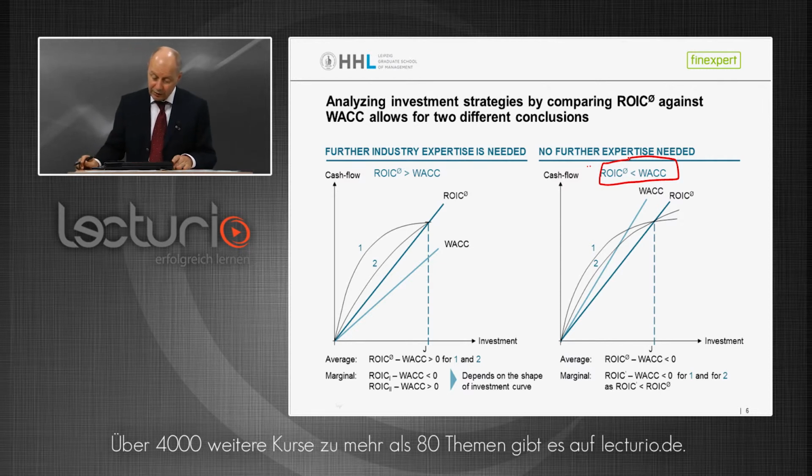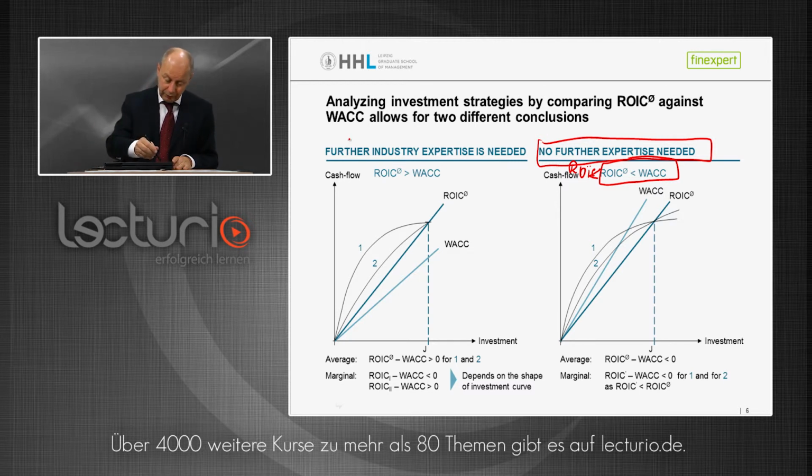Because we know that our marginal ROIC is even smaller than the average one, and so if the average one is already smaller than the WACC, then the marginal one definitely must be smaller than the WACC as well. So still, without any further industry expertise, we would be able to identify the flawed assumption in the model if the average ROIC on the newly acquired assets is smaller than the WACC.